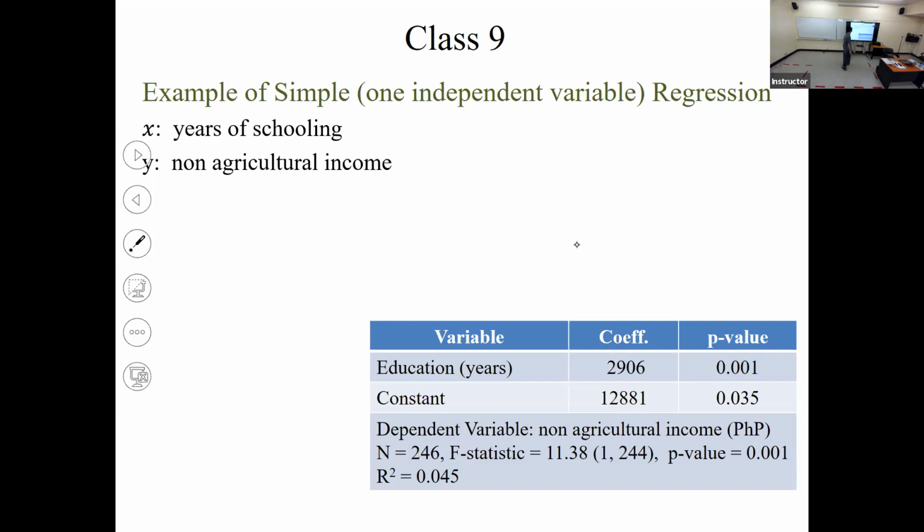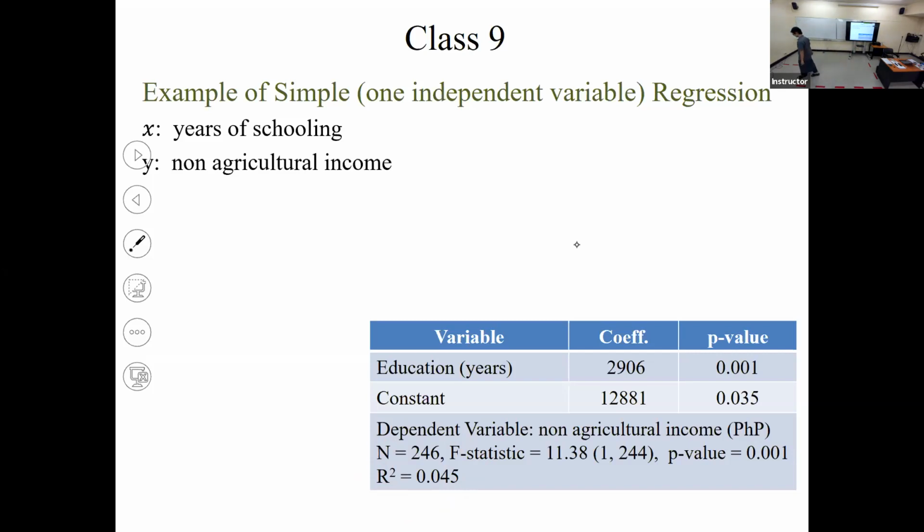Okay, so basically, the larger number means the model fits well. Fits well means the independent variable explains the dependent variable to a good extent. Okay. So basically, the larger R squared, the better.